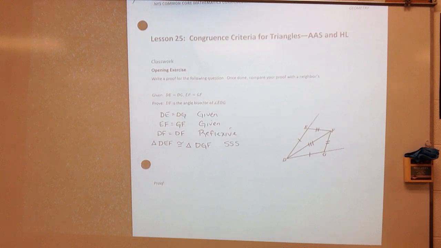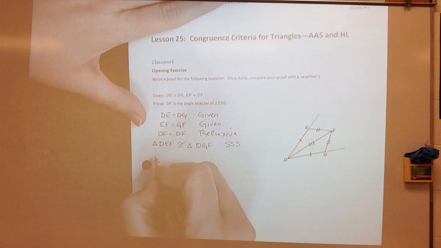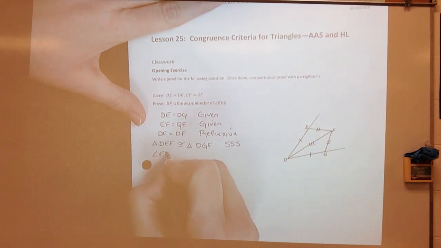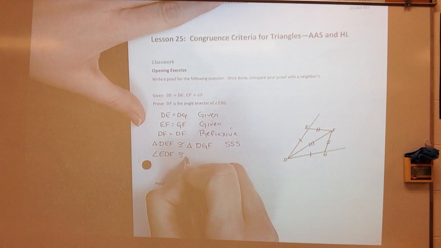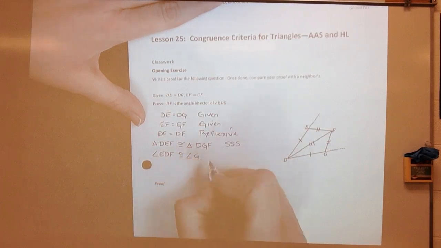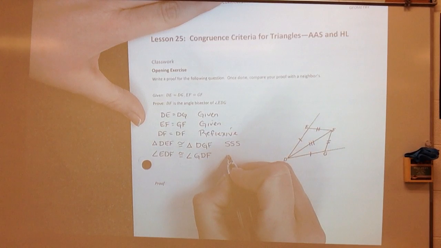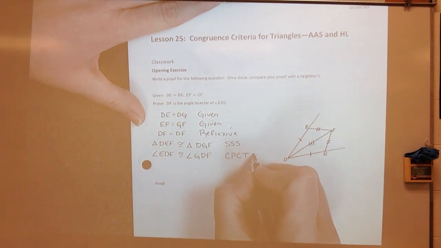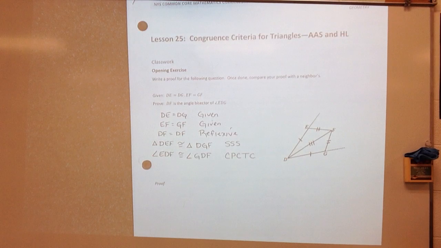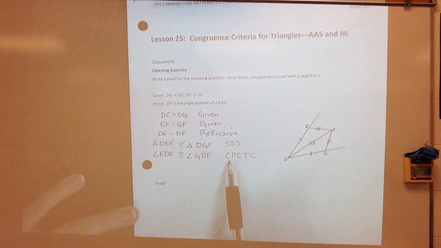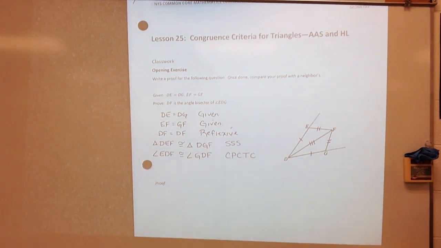Now, since we know that they are congruent triangles, we know that every part of those triangles is congruent, which means I can prove angle EDF is congruent to angle GDF by CPCTC: congruent parts of congruent triangles are congruent. In other words, every part of those triangles is congruent, because we know the triangles are congruent.